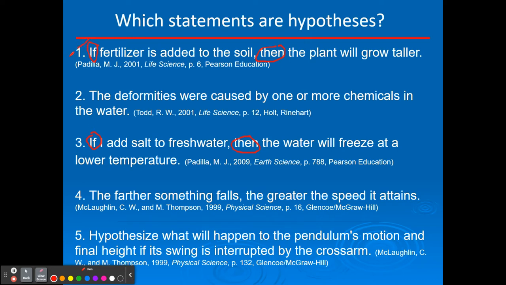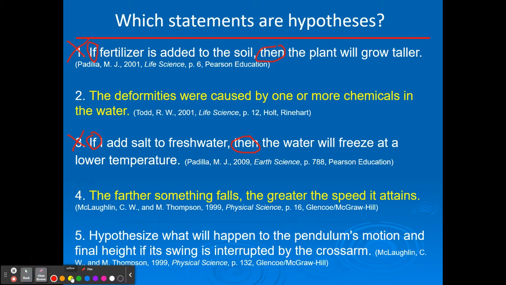Well, you probably learned in a science class that number 1 and number 3 were hypotheses. However, it's number 2 and number 4. A hypothesis in science is a statement that says, I know what is going to happen, and then I'm going to try to prove that.